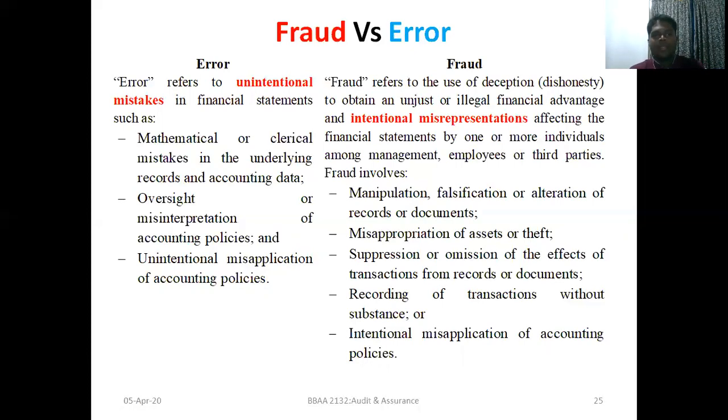It means error refers to unintentional mistakes. Please underline unintentional mistake, not intentional, unintentional. Without knowing, we do something. That person doesn't know the particular matter. That is called unintentional mistakes in financial statements.